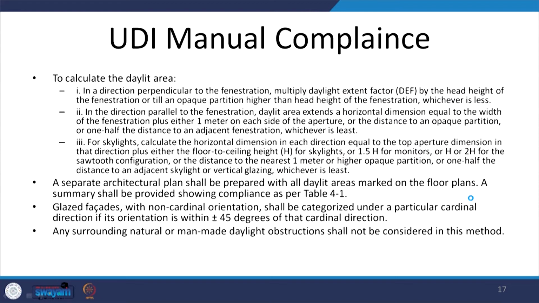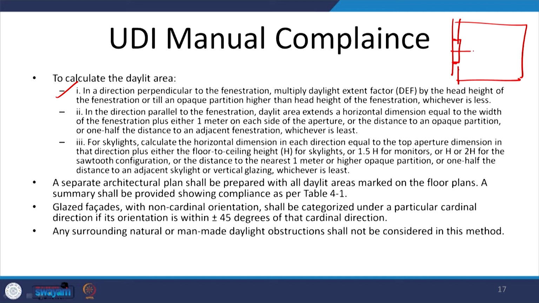Once we have found out the DEF, we will then go on to calculate the amount of daylight which will be available in an area. Now, this has to be calculated in both the dimensions. So, we will calculate the amount of floor area that will be daylit first for the perpendicular direction. So, for example, we have a room where the window is available.